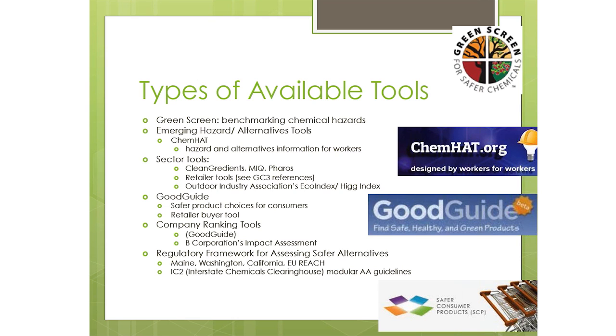It's stated that if you had a chemical of concern, you should do an alternatives assessment, but it didn't really say how. California has taken a step further and is now trying to define what alternatives assessment means in a regulatory context. The Interstate Chemicals Clearinghouse also has, much like the NAS framework, pulled together all the different approaches in a modular approach to alternatives assessment, and these are useful guidelines if you are either a regulatory agency or a company that is likely to be regulated.